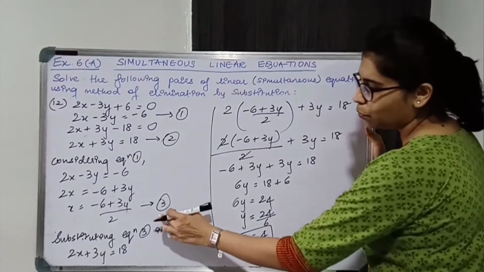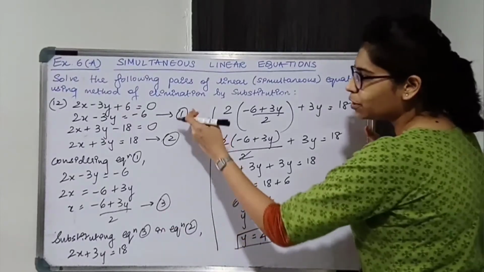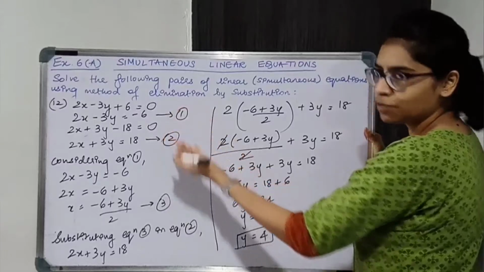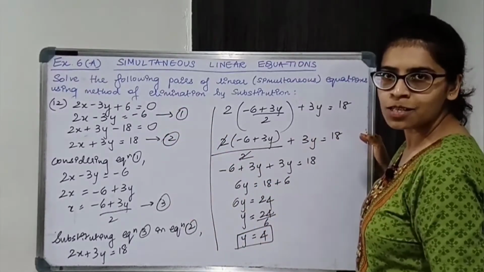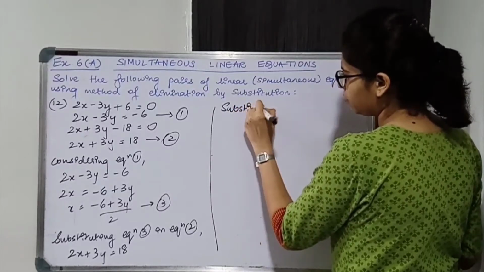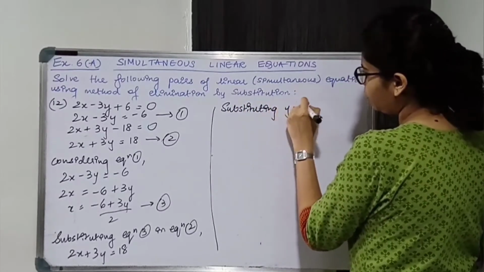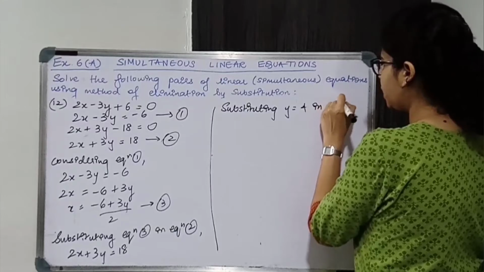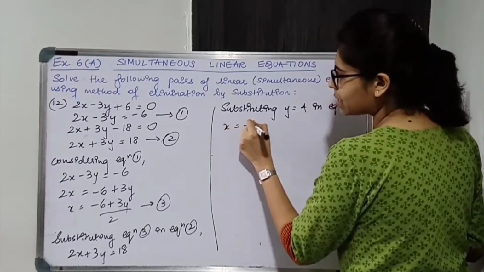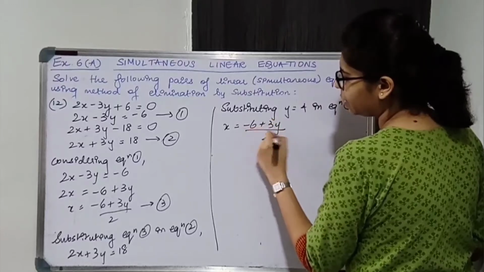Substituting this in equation number 3, you can substitute in 1 or 2 also, or in either of the two equations originally given to you. You will still get correct answer. Okay. So substituting y equal to 4 in equation 3. So equation 3 क्या है, minus 6 plus 3y by 2.